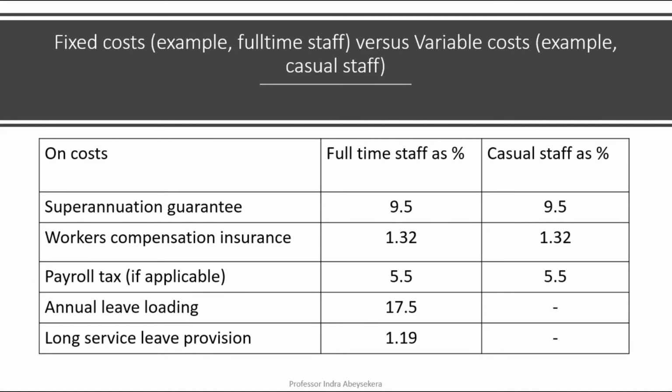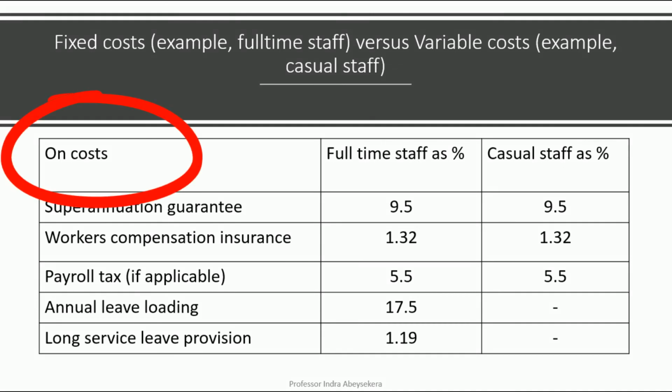It's important to understand the implications of fixed versus variable costs to enterprises. If you look at the staffing costs, the full-time staff can be considered as fixed costs, and the casual staff can be considered as variable costs. And for these two categories of staff, there are additional costs that are involved in addition to their salaries.